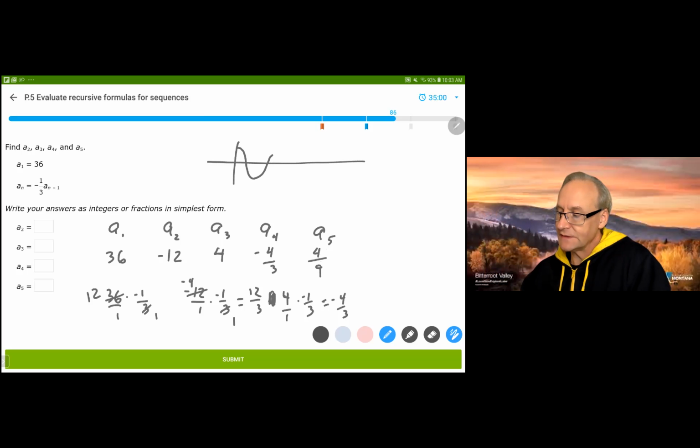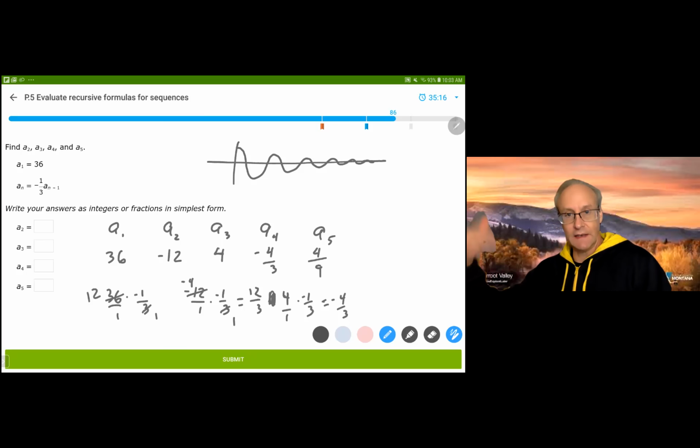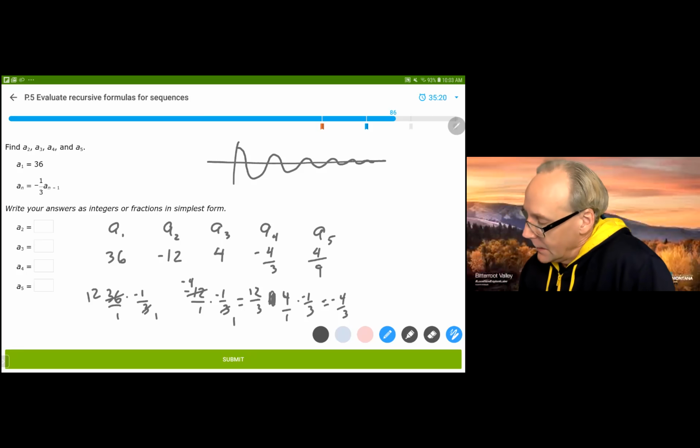This is kind of an oscillating thing where it gets closer and closer, but it never quite gets there. See how it's alternating? This is modeling things that are oscillating, things like springs that move up and down. Anyway, very useful in physics.